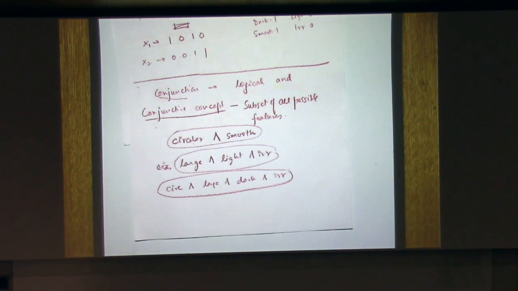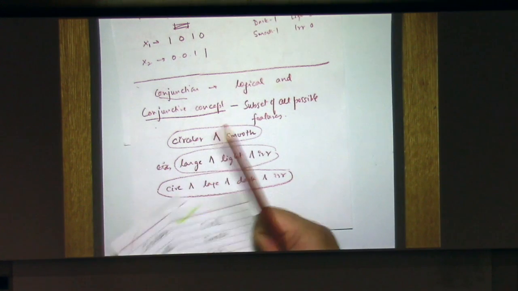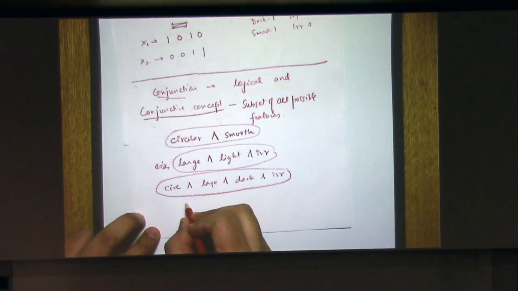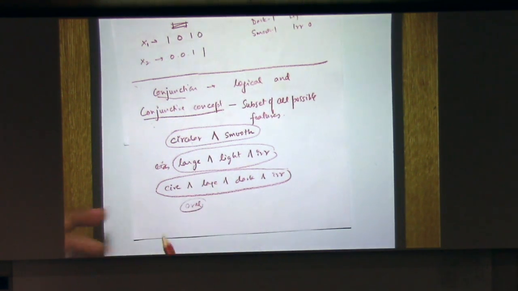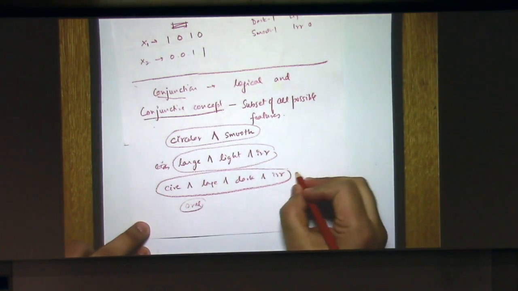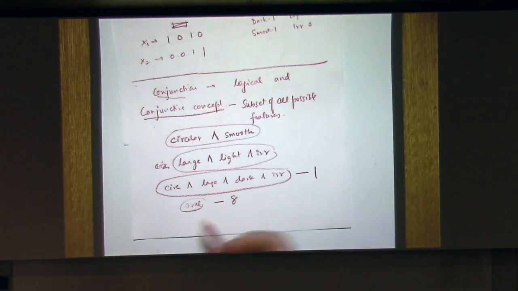Just one, because there can be only one object that really satisfies all of these, right? However, if I take another one which is just oval, I didn't hear you. 8, right? Yeah, somehow I thought, sorry, 3. So this is only 1. This is of course 8, because 8 objects will have this true, right?